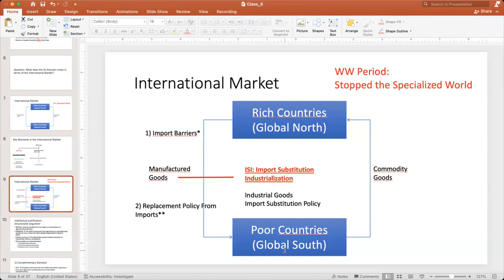They were demanding them, and they wanted to buy them. The problem was that there was no supply of these goods and services. So that's why import substitution industrialization is based on a policy of replacing imports. They required, needed, and wanted to produce this type of goods.